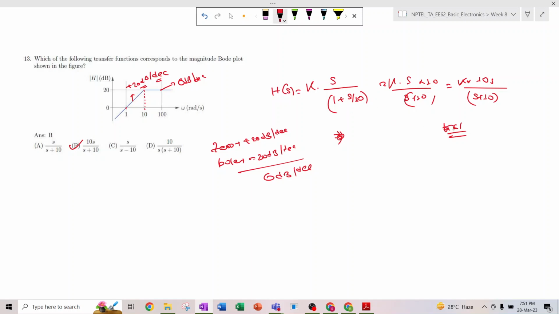So H(s) is basically k times 10 into s divided by s plus 10. Now we can easily find out the value of k.